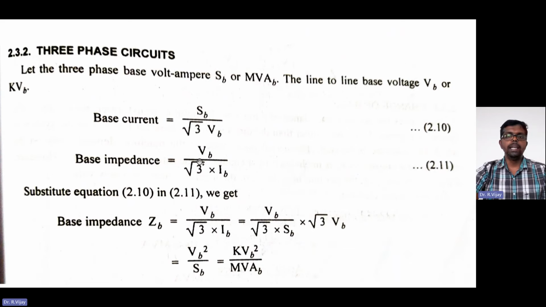In terms of current, I said current is the MVA base divided by root 3 into V base, so you need to substitute that here. On simplification, base impedance Z base is equal to kilovolt base, the whole square, divided by MVA base. Already we have seen, it is just a revision.